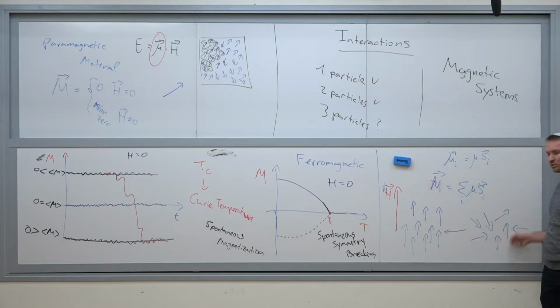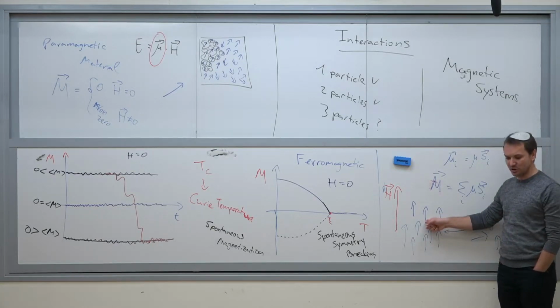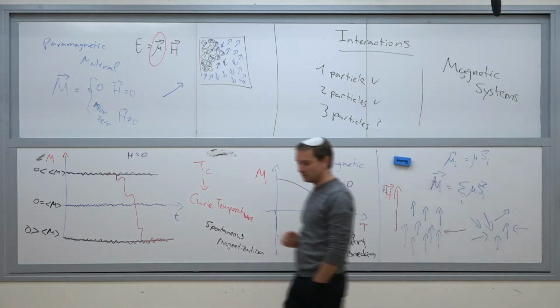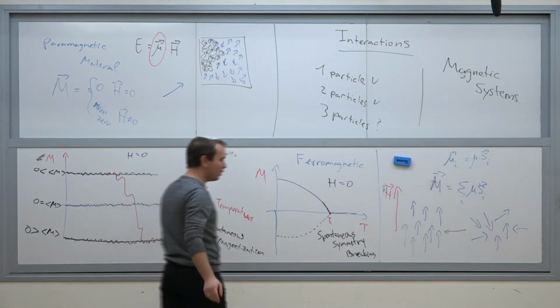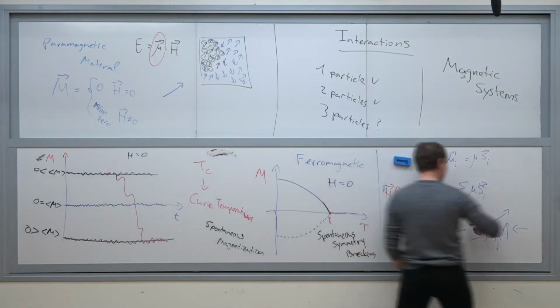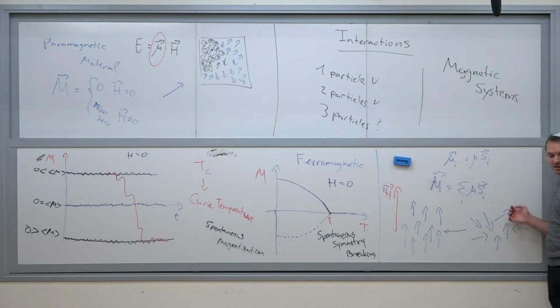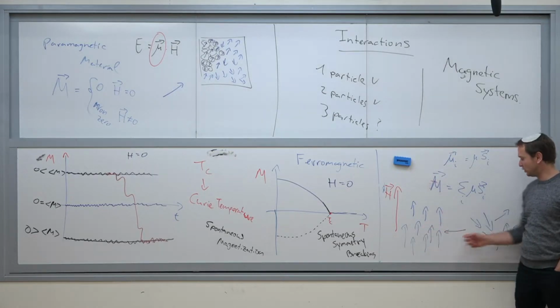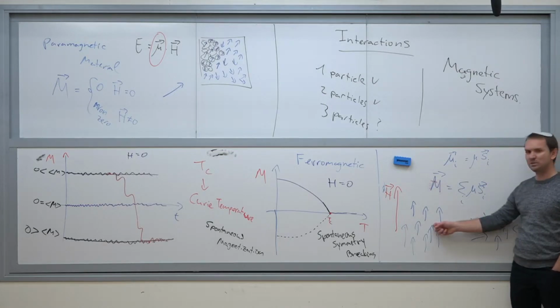This is a disordered system, and this is an ordered system. What created an order? Interactions between different particles. We know how to solve and how to treat those guys. We don't really know how to solve this equation and how to treat it. And we don't really know how to go from this picture to this picture.